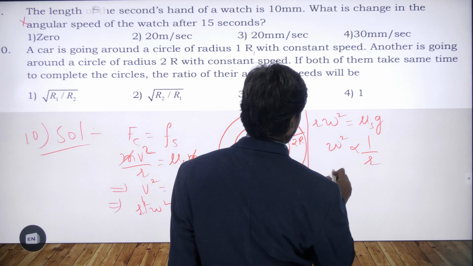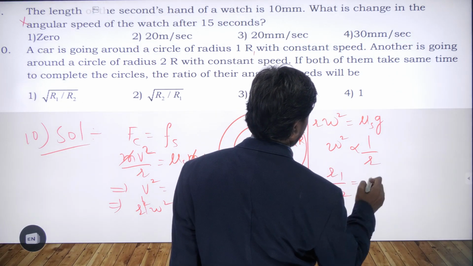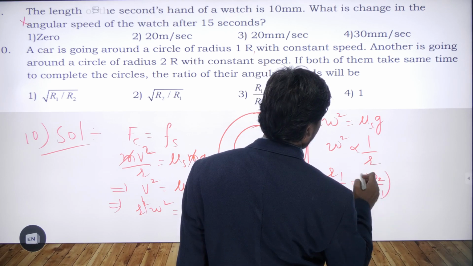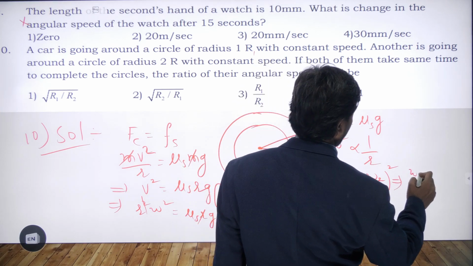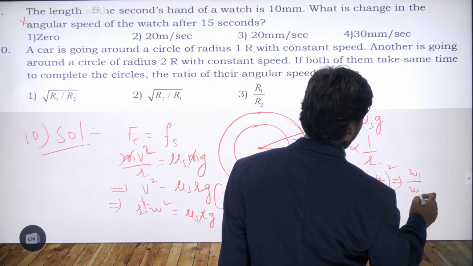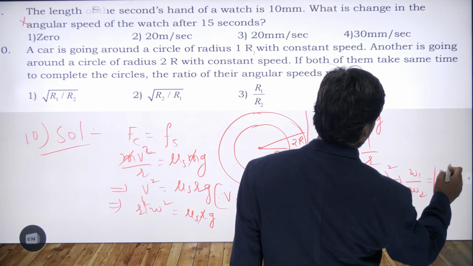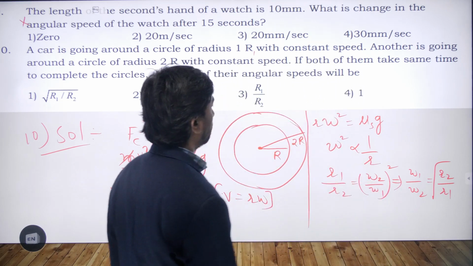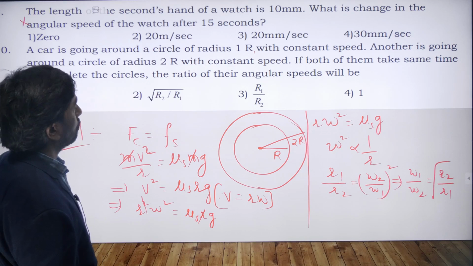So we can write r1 by r2 equals omega 2 by omega 1 whole square, or omega 1 by omega 2 equals square root of r2 by r1. Now r2 by r1 is given.